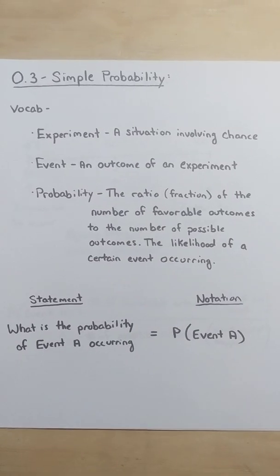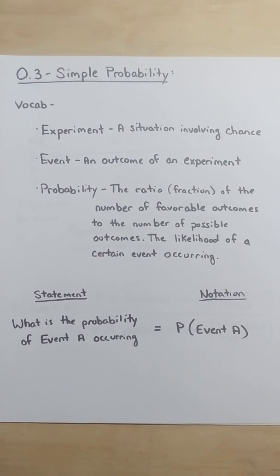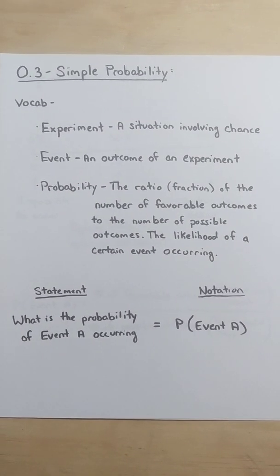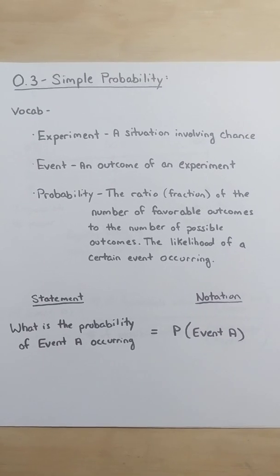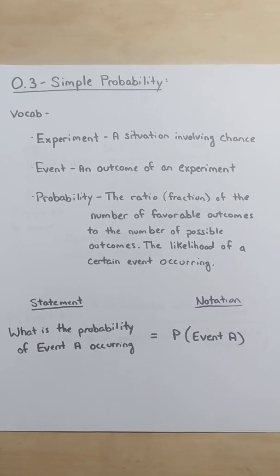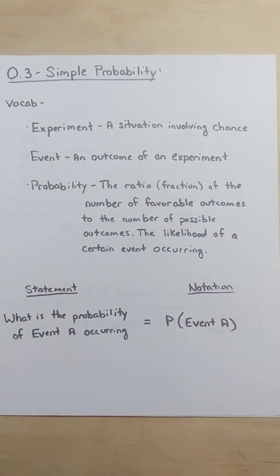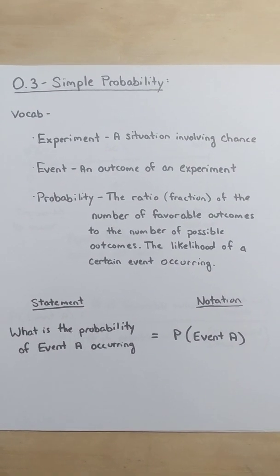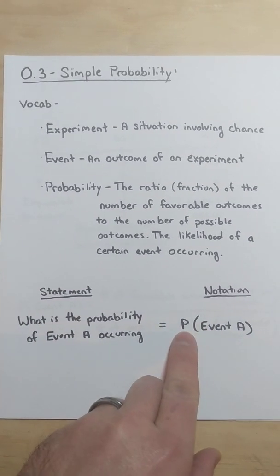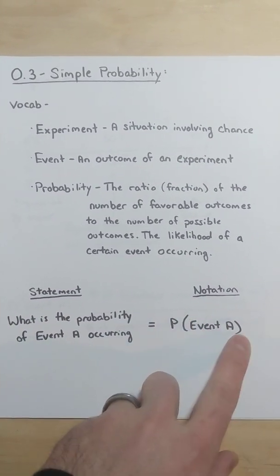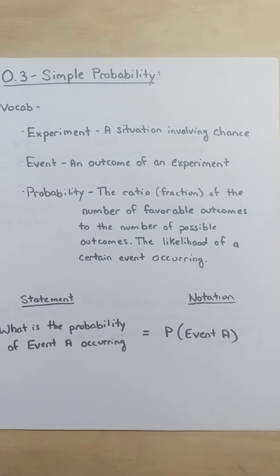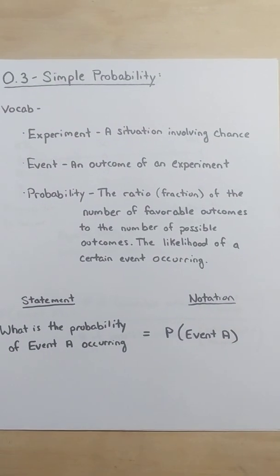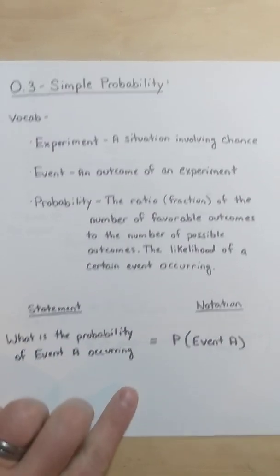Now, the notation for the probability, because I don't want to write what is the probability of something occurring every time, I'm just going to denote that experiment as event A. So instead of saying the words, what is the probability of event A occurring, I can switch my notation to having a P and then in parentheses the event that I want to find the probability of. So whenever you see this notation, it's talking about probability.